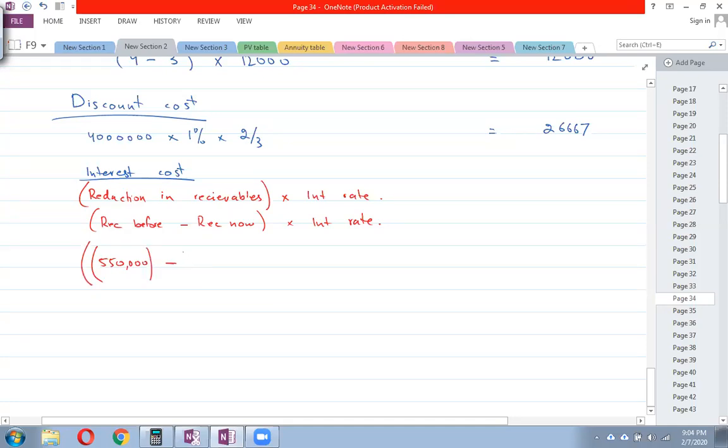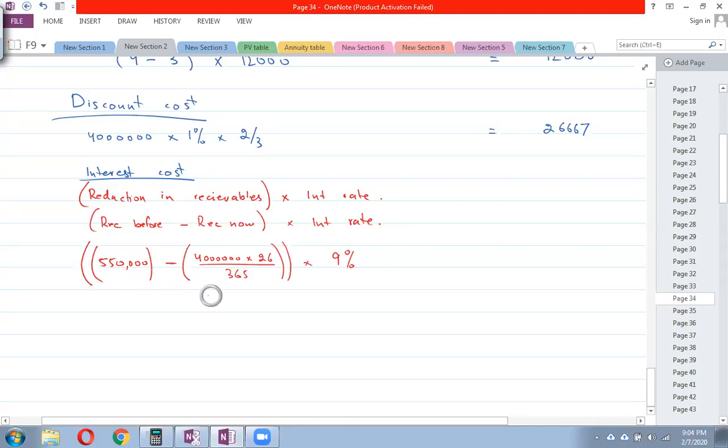I'm going to put 2 brackets. Receivables now, which is sales multiplied by the average receivable days, 26, divided by 365, and then you multiply it with 9%, right?